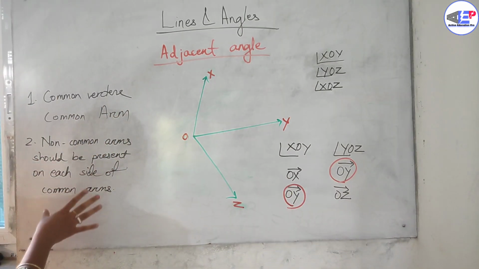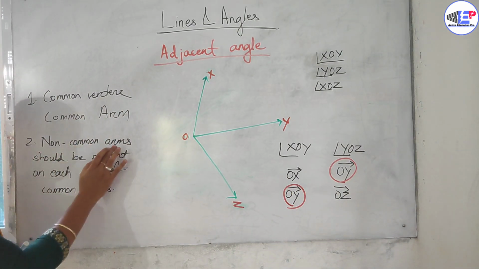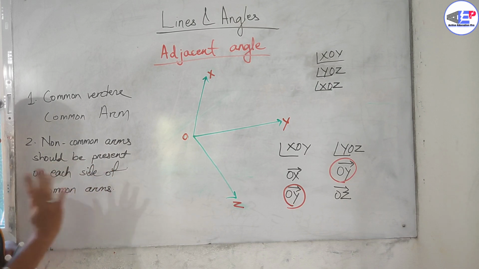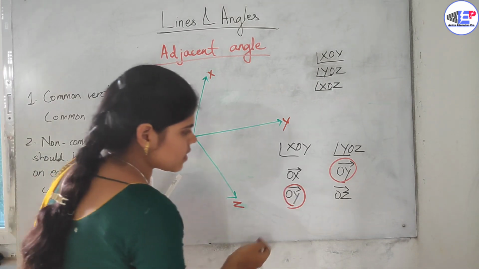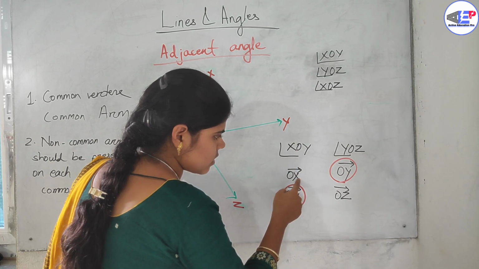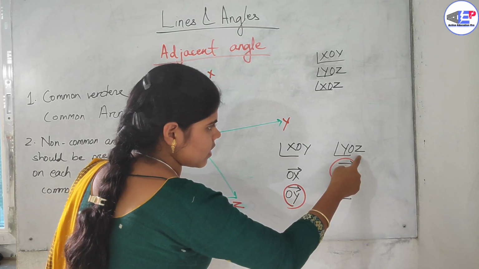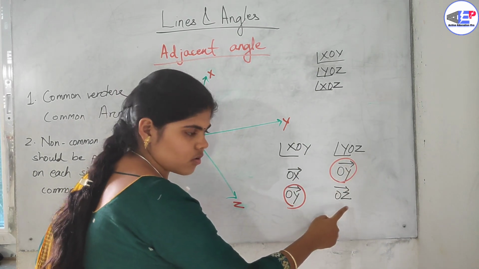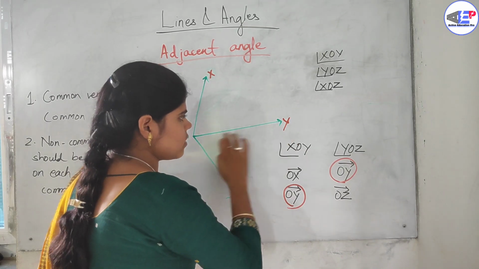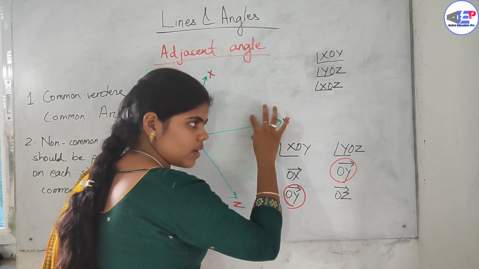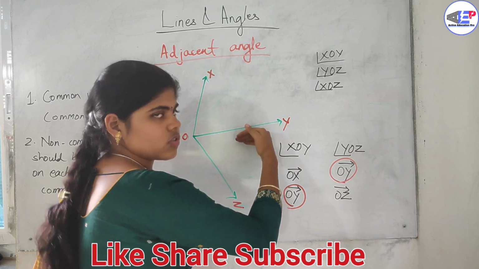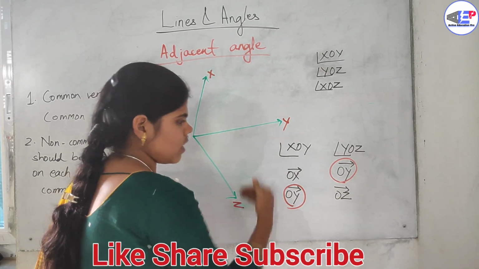Then we come to the next condition: non-common arms should be present on each side of the common arm. Here the non-common arms are OX in this angle, and in this angle YOZ, OZ is the non-common arm. OY is the common arm. This is the upper position and this is the lower position, upwards, downwards.